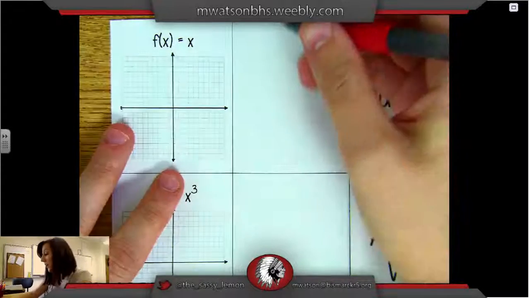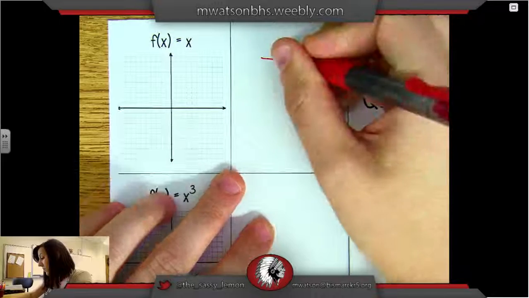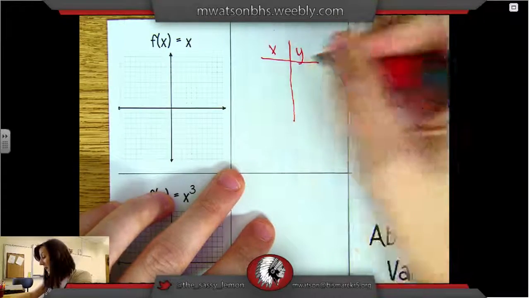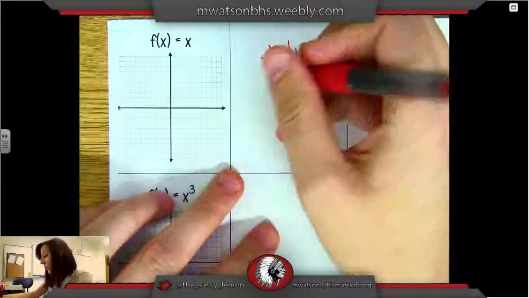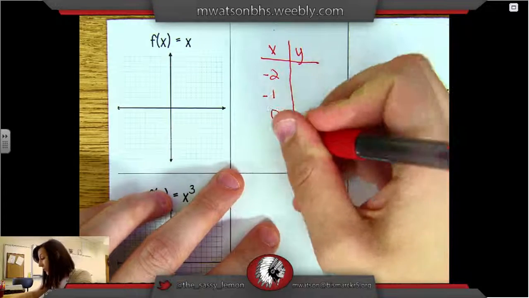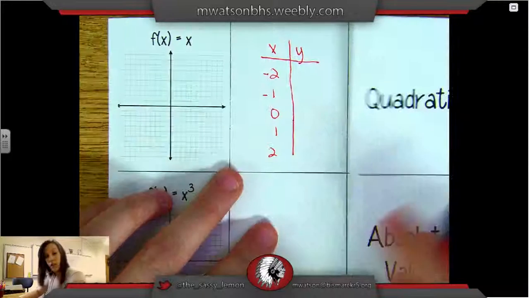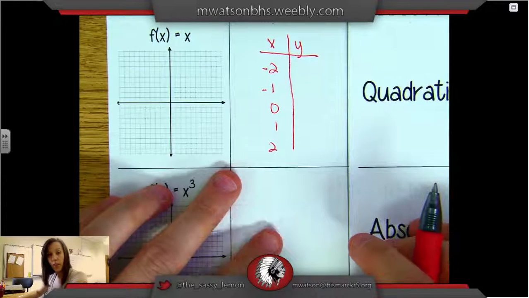So if we created an xy chart, and remember, for an XY table, we try to use at least 5 values, and I like to use -2 through +2. That usually covers several points.